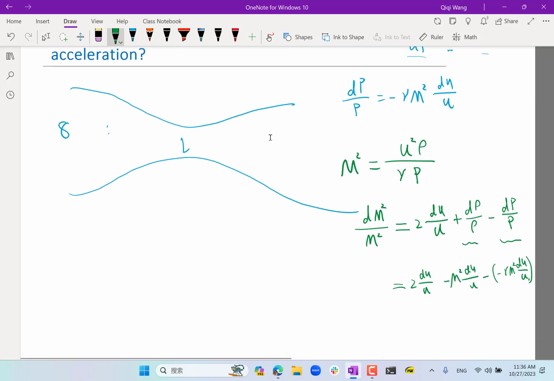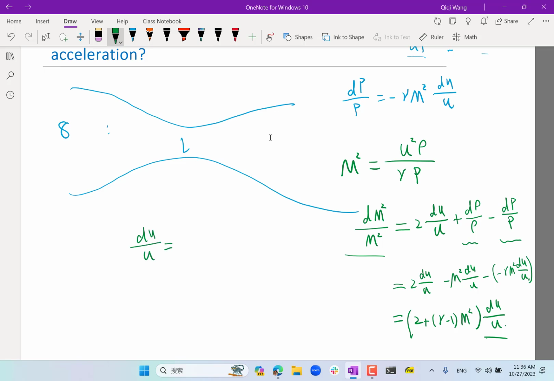Combining them, we have 2 plus gamma minus 1 times M squared times du over u. That's how a fractional change in Mach number relates to a fractional change in the velocity. So du over u is 1 over this whole thing, 2 plus gamma minus 1 times M squared, times dM squared over M squared.